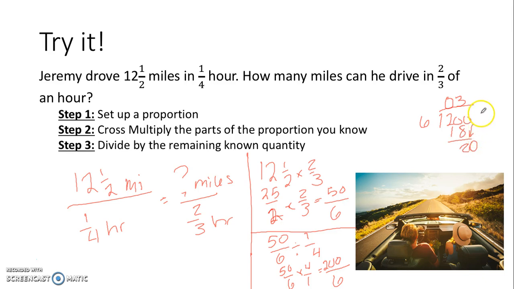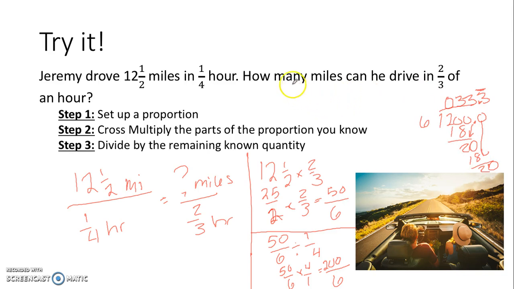Then how many times does 6 go into 20 again? So we have 33. Bring down the 2. Add the decimal point. How many times does 6 go into 20? And look, it's going to repeat. So 33.3 repeating.